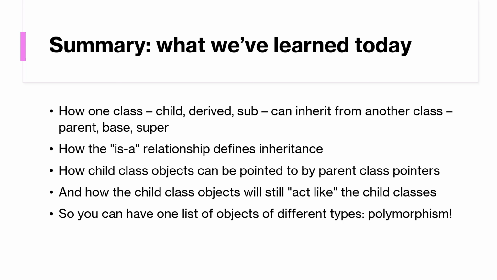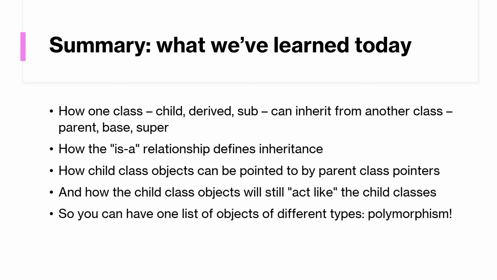Okay. We learned how child class objects can be pointed to by parent class pointers, enabling you to have a list of different kinds of objects that's still one vector or an array of one type. It's an array of the parent type, but it points to lots of different child types.